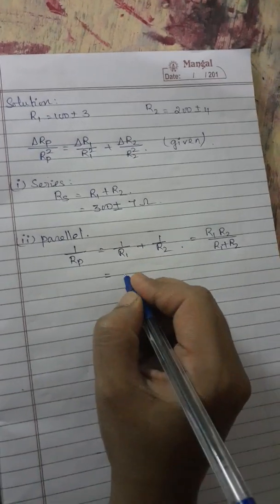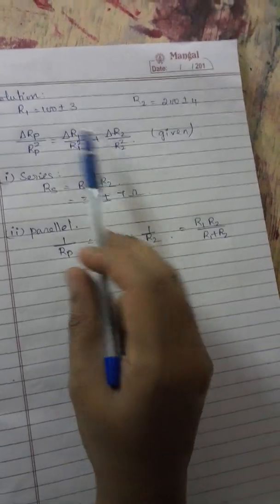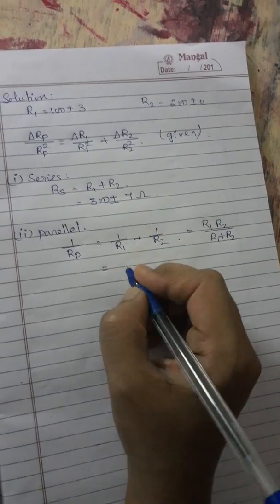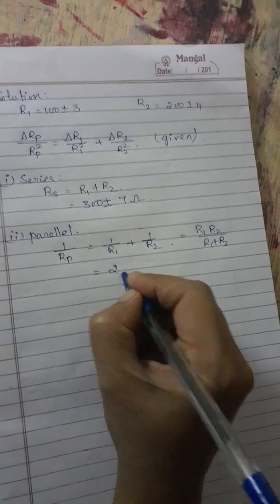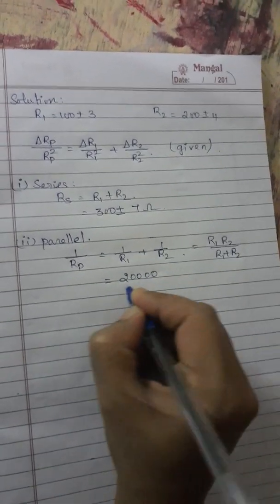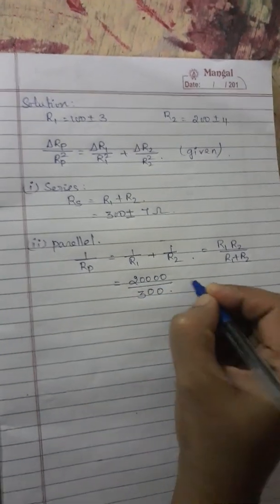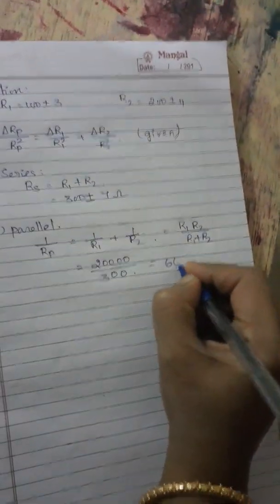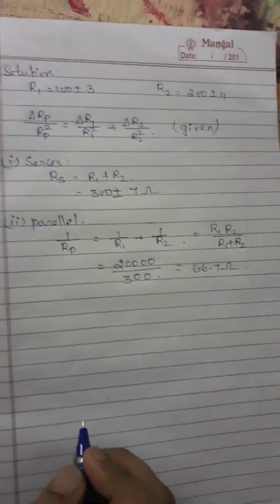After simplification, R1 R2 will be 200 into 100 divided by R1 plus R2, which is 300. After simplifications, I'll get the answer as 67.1 ohm. So this is the effective resistance when they are connected in parallel.